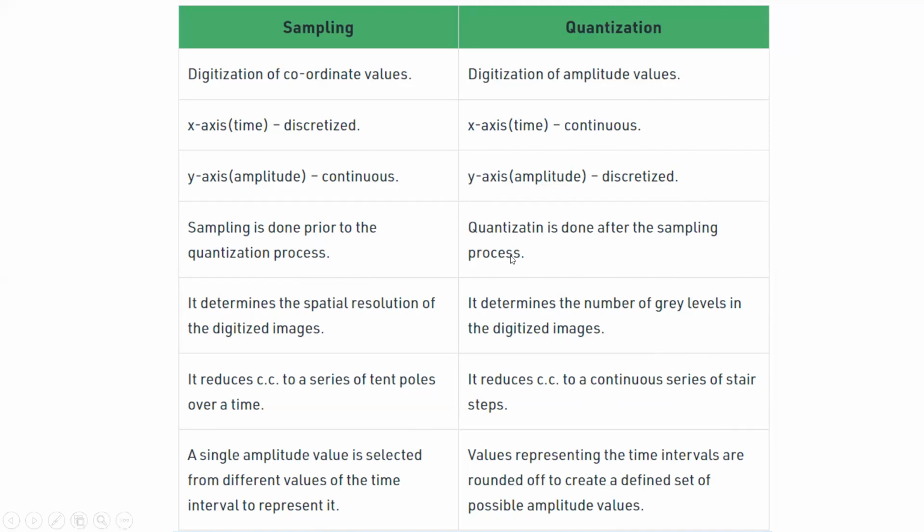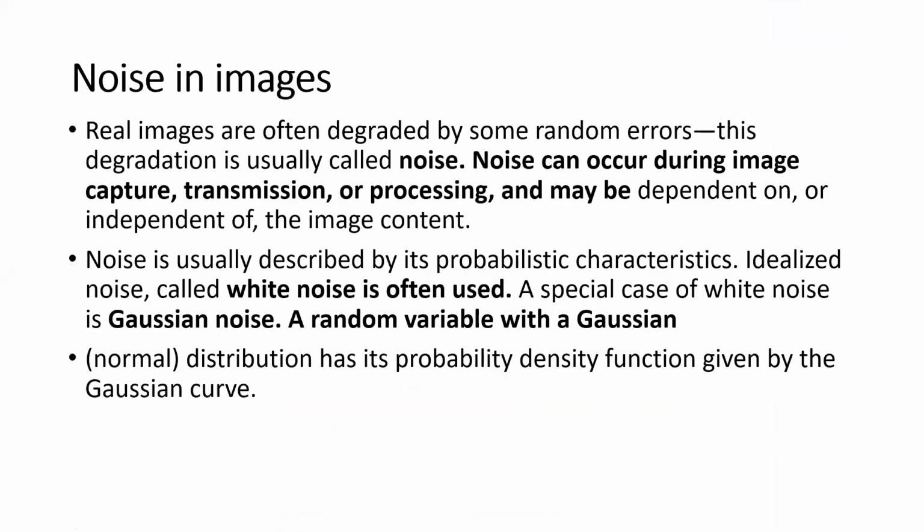Sampling is concerned with spatial resolution, whereas quantization focuses on the gray levels in the digitized image. You can see other differences here, and you can read these two points. So this is the basic idea of sampling and quantization.